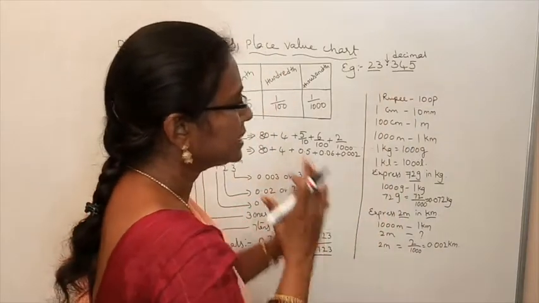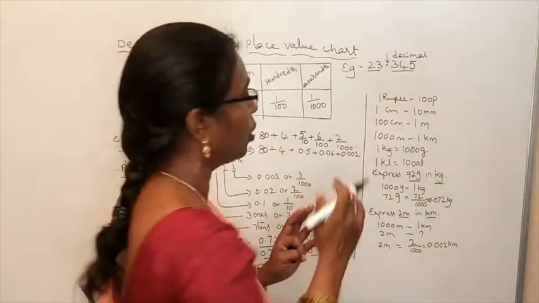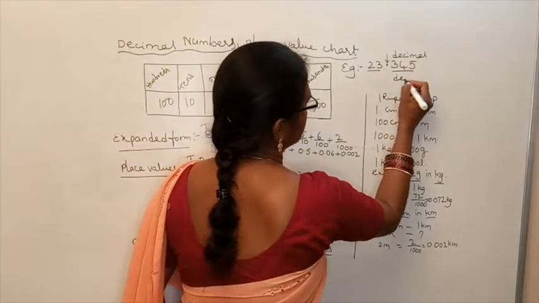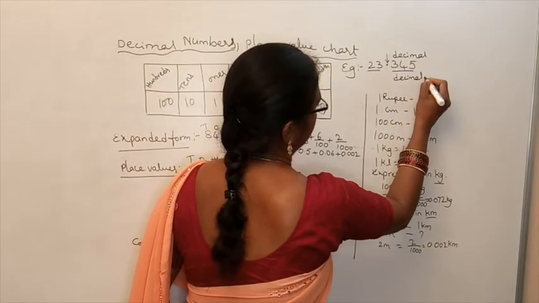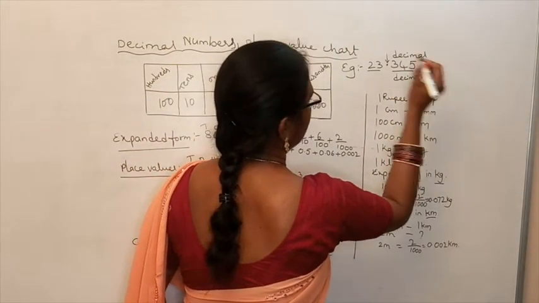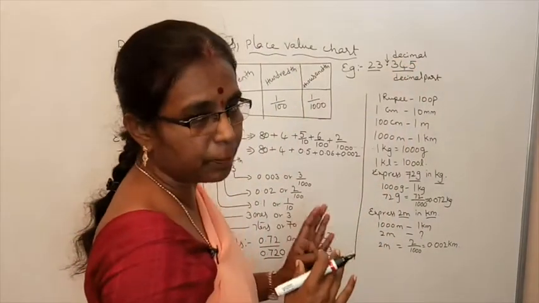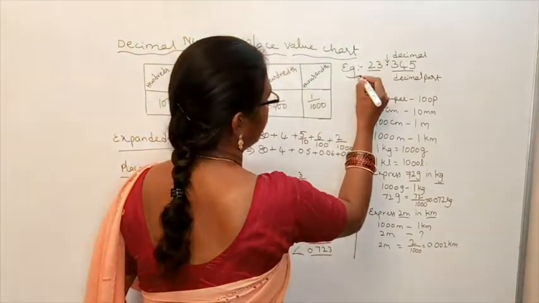The right side of the decimal point we call the decimal part. The left side of the decimal point we call the integral part.